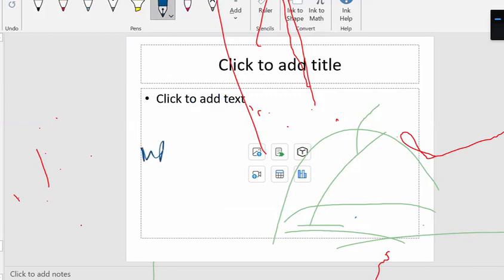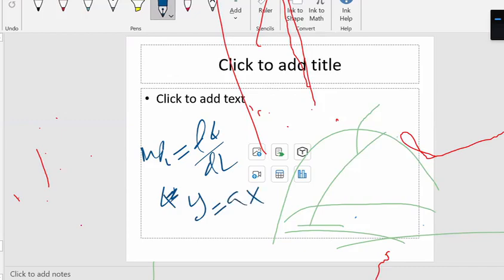Sasa unapotafuta marginal product ya L for instance, lazima udifferentiate ile quantity formula. Una differentiate with respect to what? To L. Sasa kwa mfano ile principle ya kudifferentiate, you remember I told you last time, ngoja nikupe mfano. Let's say y is equal to ax^b. Unaona hiyo ni equation labda production function.